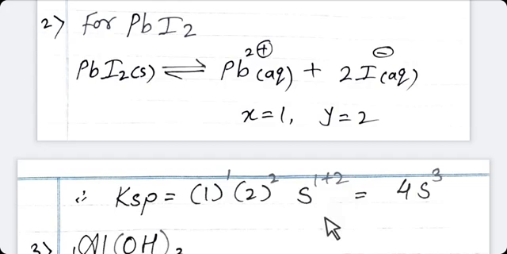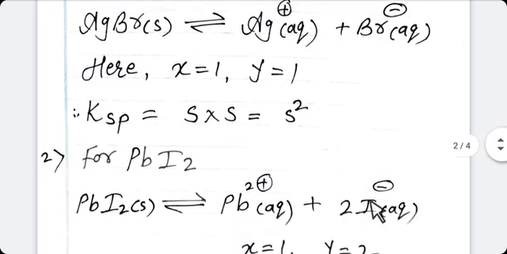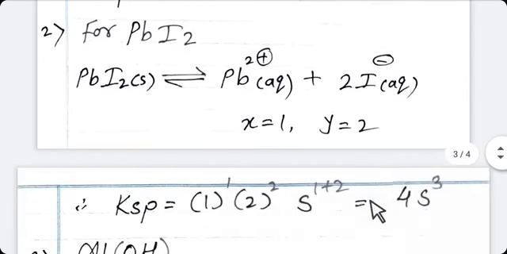Students, you have to understand how we get these values. We have the formula Ksp is equal to X raised to X, Y raised to Y, and S raised to X plus Y. So we are putting these values in that formula only.